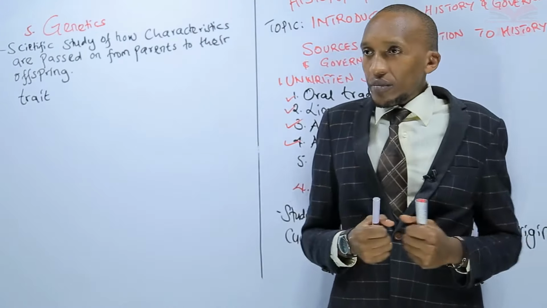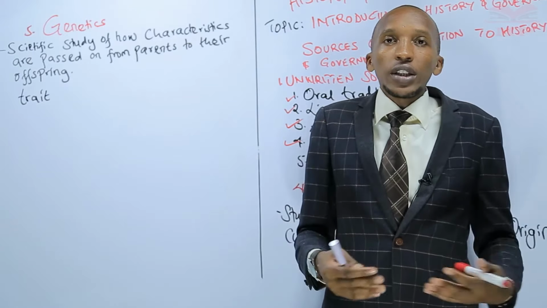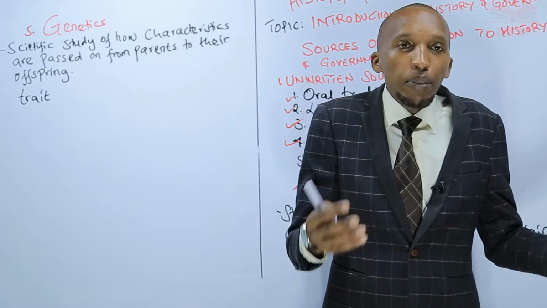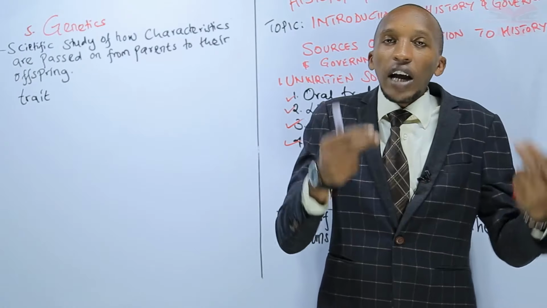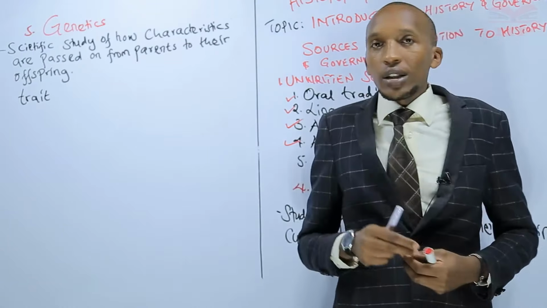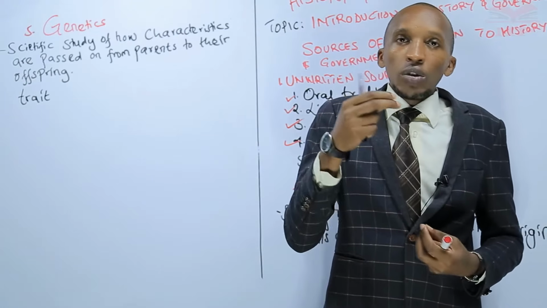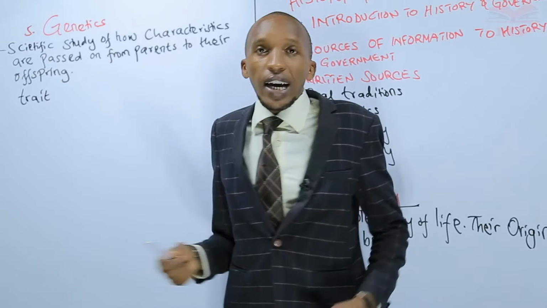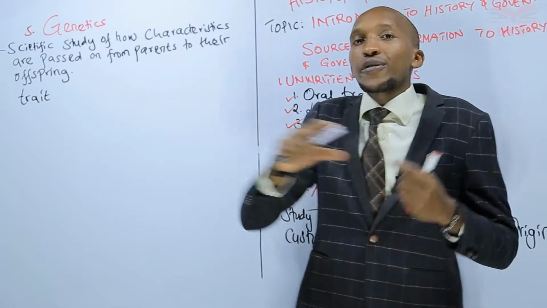The same way, even in plants, you might find plants producing different kinds of flowers. If you find a plant that produces yellow flowers, for example, you expect the offspring of that plant to produce yellow flowers, right? So the study of this inheritance and how different characteristics are inherited, there might be differences.